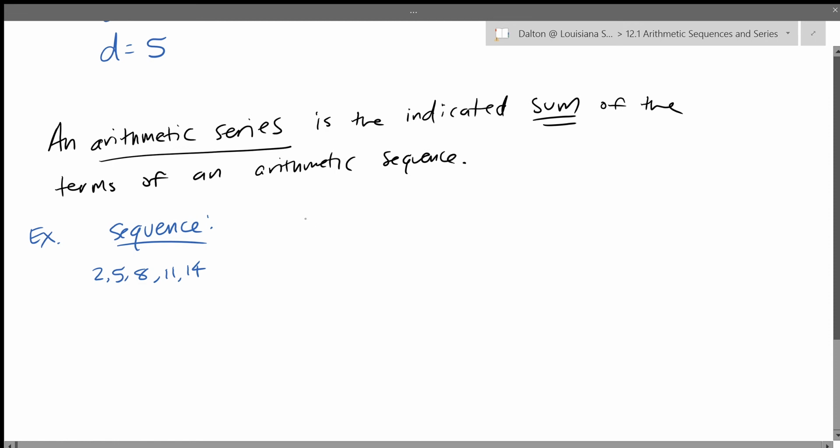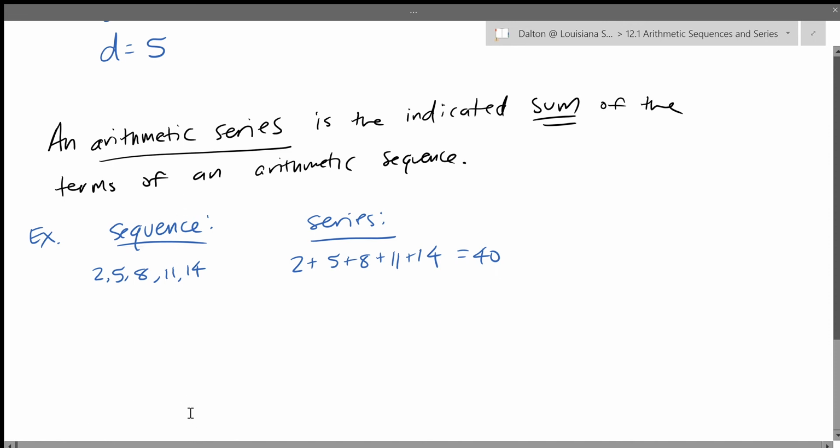If I wanted you to find the corresponding series, you literally just add those terms together. 2 plus 5 plus 8 plus 11 plus 14, which is equal to 40. So that's the difference between an arithmetic sequence and the arithmetic series.